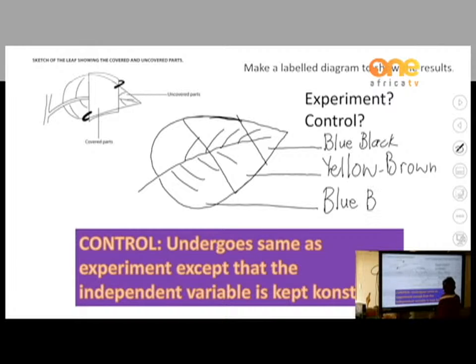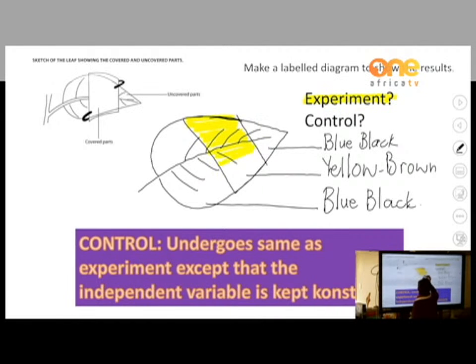And now, as the Tannie told us in the video, which part is the experiment? The part where the light was taken away. So, if we use a highlighter, the experiment will be this part.